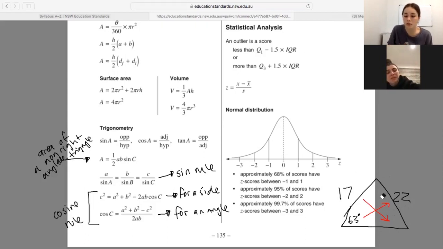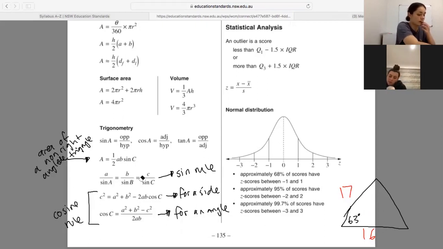It's when you can't do the sine rule, so you might have a triangle like that, and you have nothing across it, so you can't do the sine rule, and so you have to do the cosine rule. Right, okay. So if you're ever doing a problem for a triangle and you attempt the sine rule and it doesn't work, then try a cosine rule.